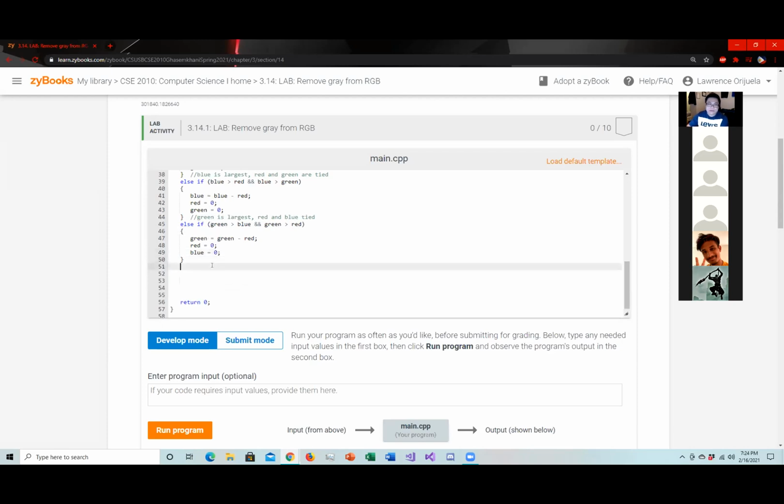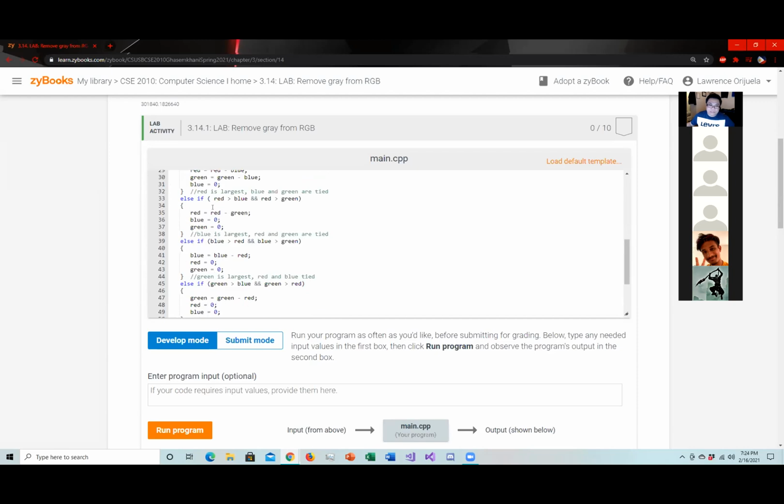And then lastly, I have one last scenario that isn't covered. Now I'm going to use an else instead of an else if, meaning that this condition will be reached if none of the other conditions are matched true.